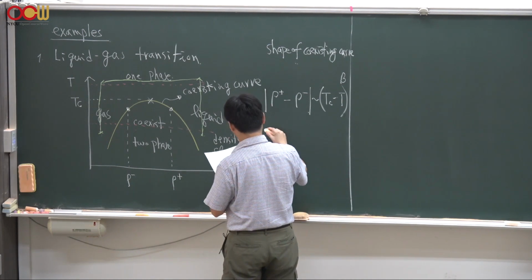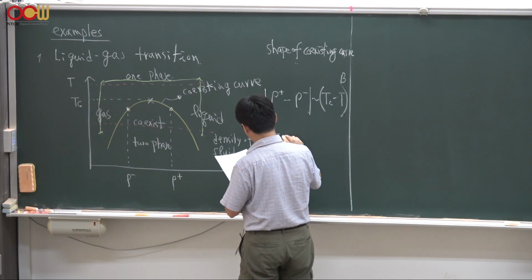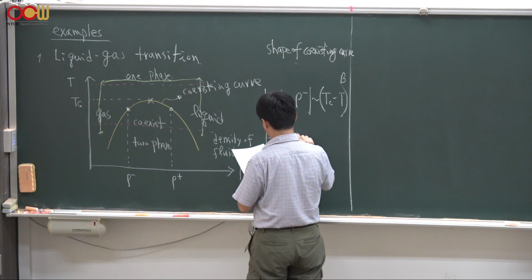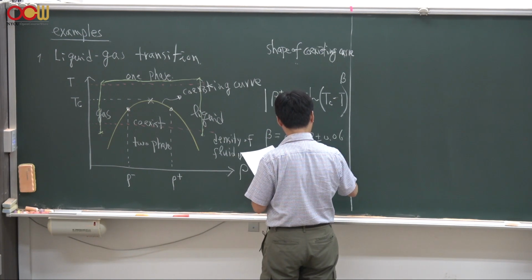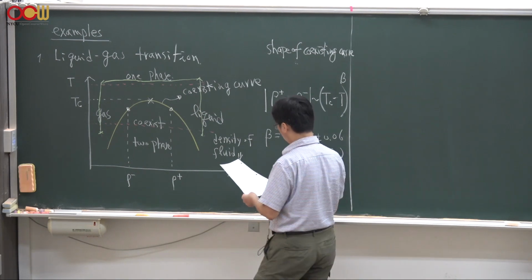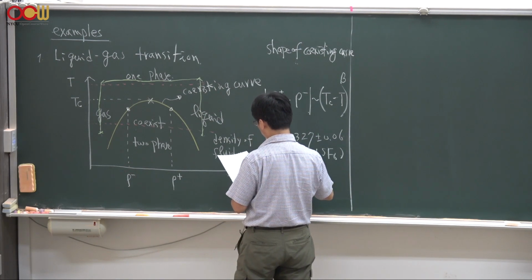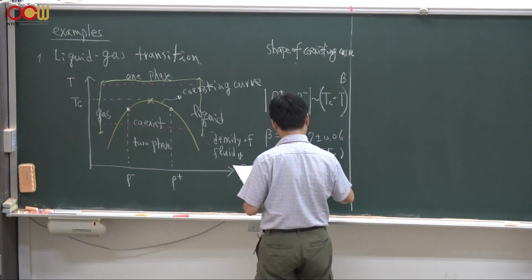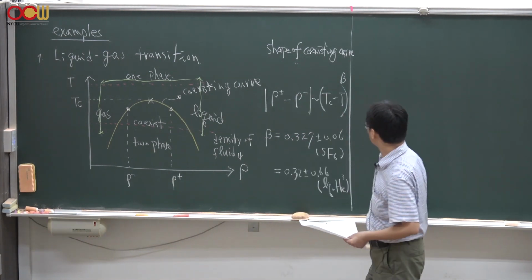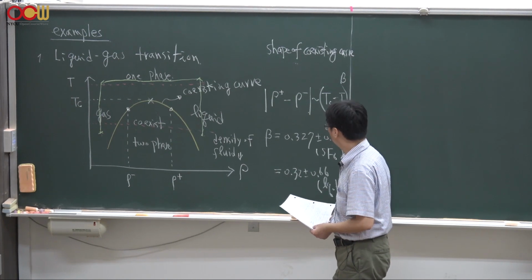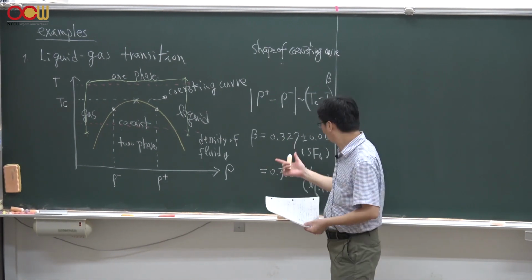This beta could be found experimentally, which is 0.327. That's for this material, SF6. And this is approximately the same value for a different system, liquid helium-3. So you can see this beta critical exponent is an irrational number, all right?